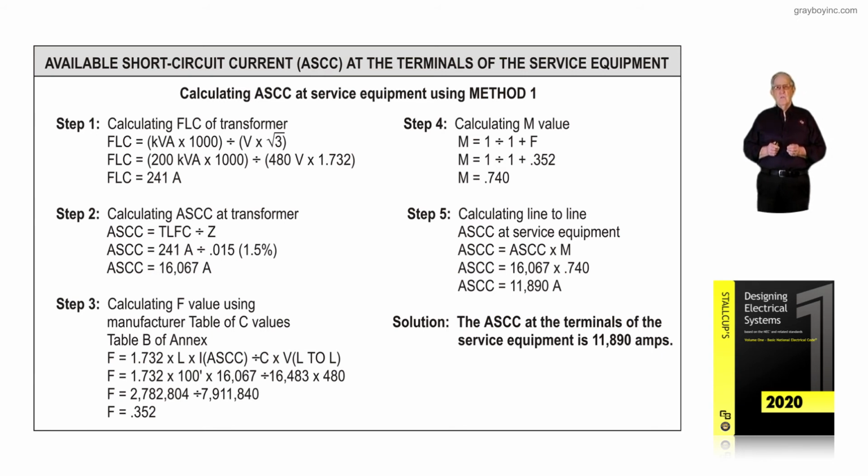Now, to determine what the available short circuit current would be at the service equipment, we take the 16,667 times 0.740, and the approximate available short circuit current at the service equipment is 11,890 amps. So we could use, say, a 20 kA rated system.